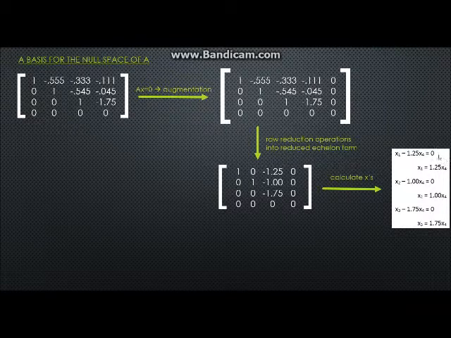And since we set that equal to 0, we solve for x1, move the 1.25 x4 over, and we have x1 equals 1.25 x4. And we went ahead and did that for x2 and x3. And so now we have what our x1, x2, x3 equals. And then of course x4 would just equal 1 because x4 is equal to x4.